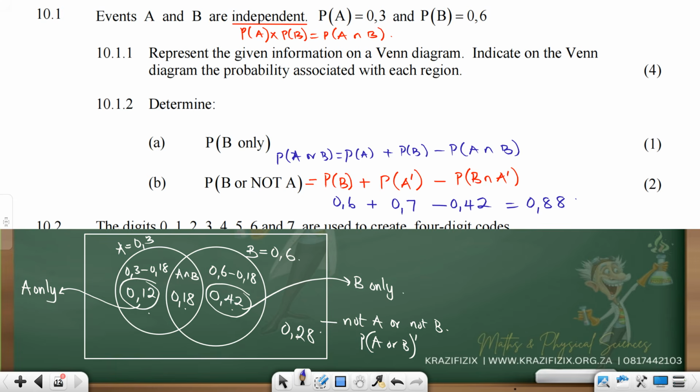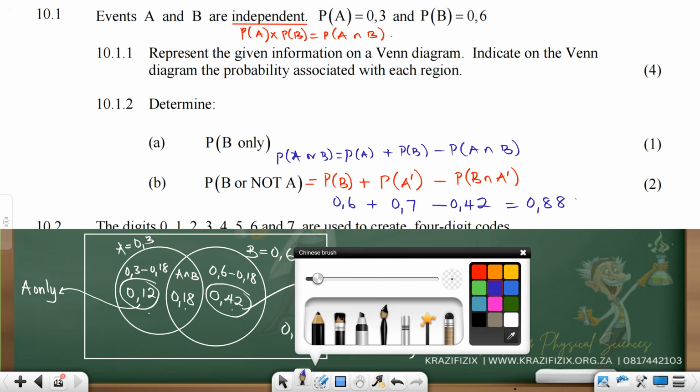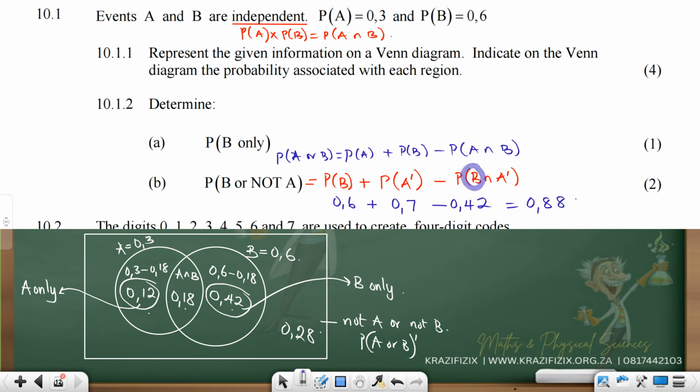Basically, they are asking you for what is not A. Yes, Naledi? So, I don't understand why you're not adding 0.28. All right. Why are we not adding the 0,28? The 0,28 is not part of B. Isn't it?